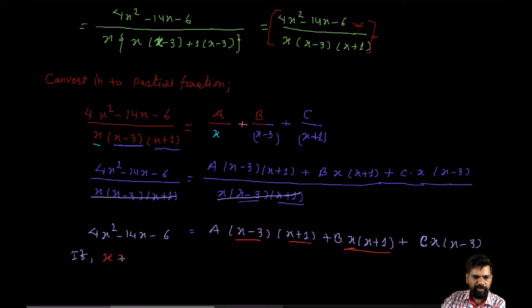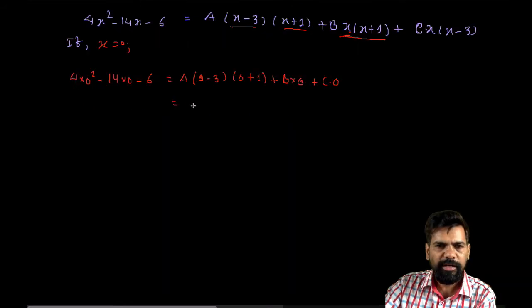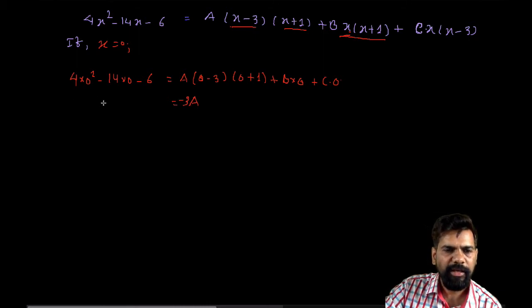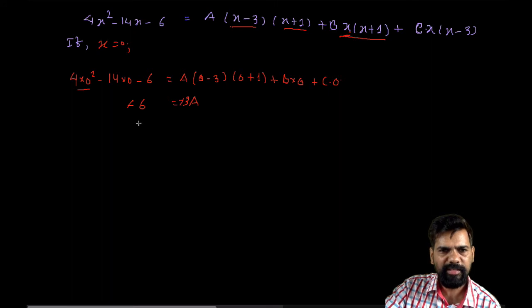So if x is equal to 0, then we have A times minus 3 times 1, which is minus 3A. Then how much do we have left on the left hand side? This is 0, 0 minus 6. Minus and minus are cancelled. Therefore, A is 2.